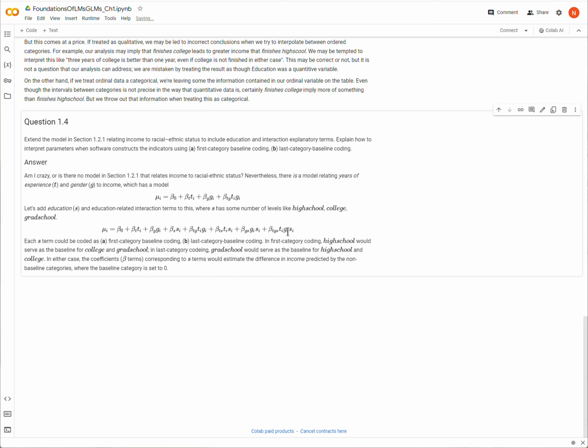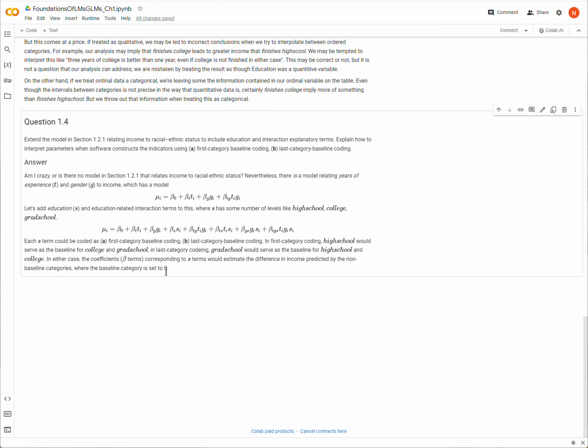Where the effect of time and gender, or I'm calling it effect, but really it's just the predictive capacity of those things, relies on education. Okay, so there's a couple of ways that school could have been encoded, and two of them would be first category baseline coding and last category baseline coding.